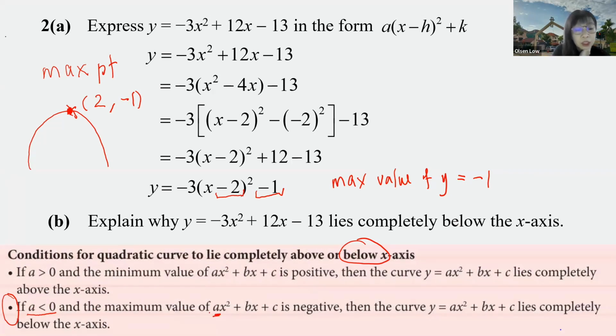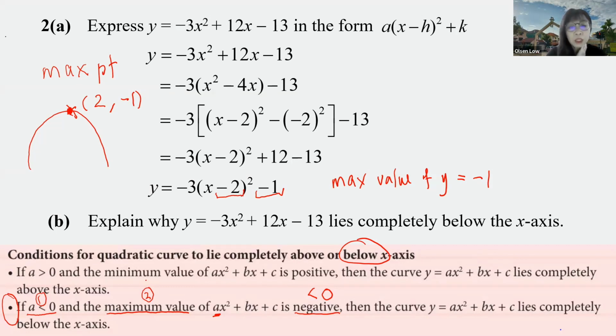Not only must you state that a is less than 0, you must also state that the maximum value of this quadratic graph has to be negative, which simply means it has to be less than 0. So there are two pieces of information stated here. The first condition is that a, the coefficient of x², is less than 0. The second important condition is that the maximum value has to be less than 0.